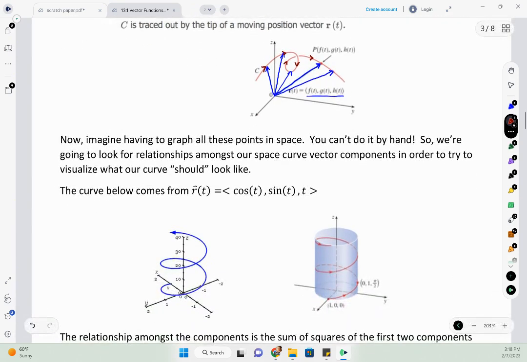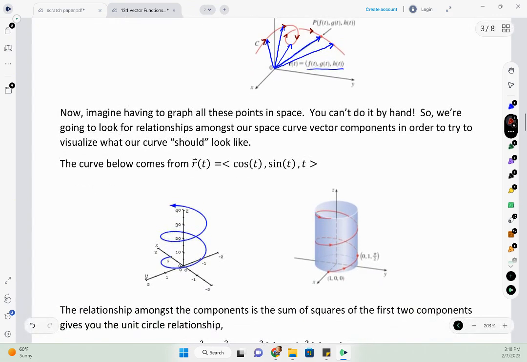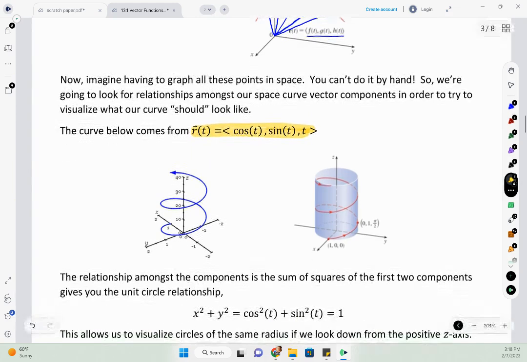Okay. So down below here, I've got this vector function. r of t is equal to cosine t, sine t, and t. Those are the x, y, and z components of this vector function. And this curve right here in blue, this is tracing out the vector function. So it's a coil, almost looks like a slinky, kind of stretched out.